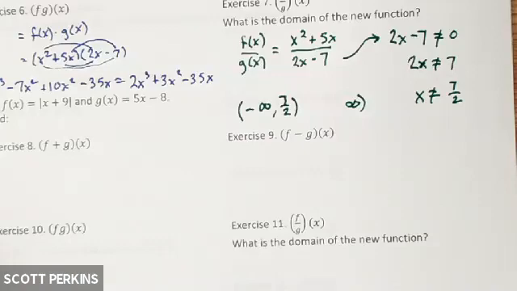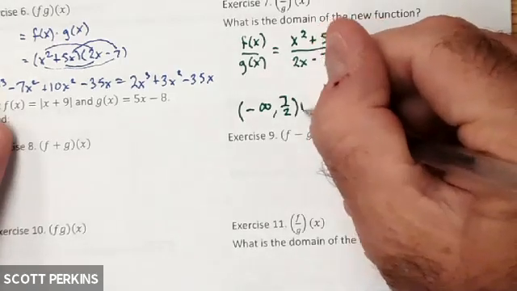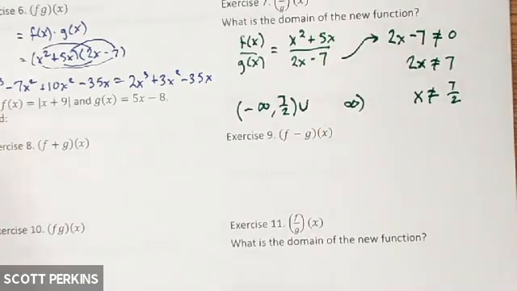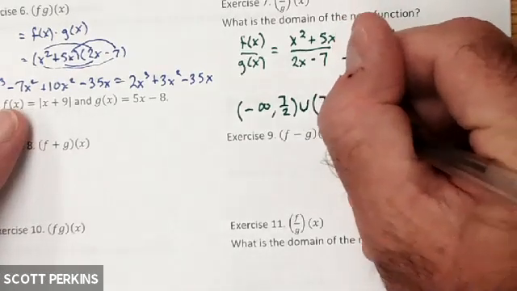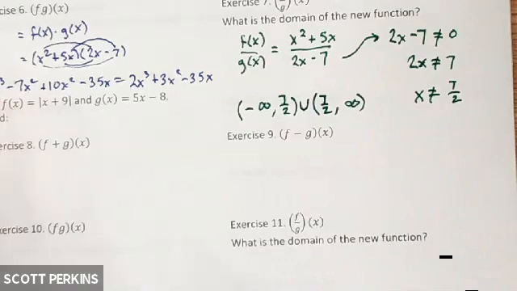Not a comma. I understand the confusion because there's new notation. We use commas when we're listing increasing, decreasing, and constant intervals, and intervals of continuity. But for domain, because this is all one set joined together, we use a U for union. That's like linking the train together. And then on the other side, we go from 7/2, comma, to infinity.